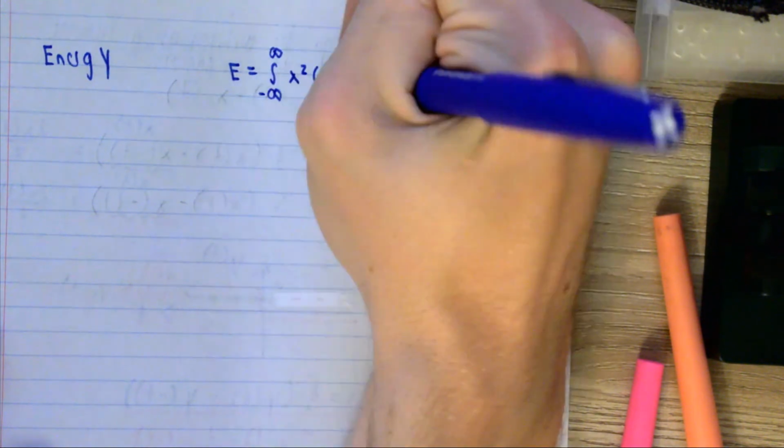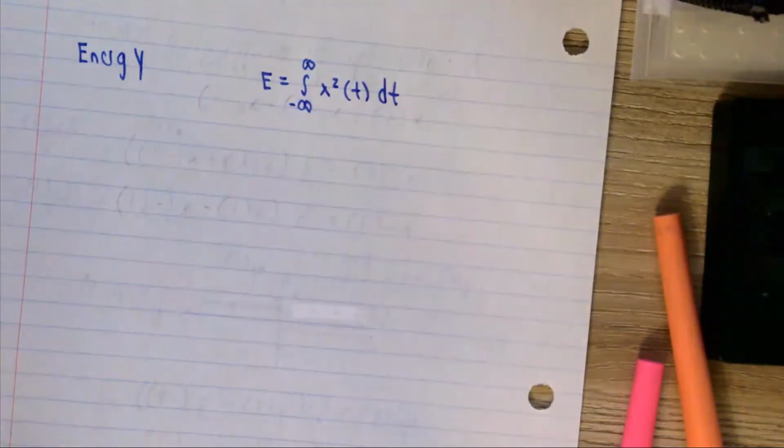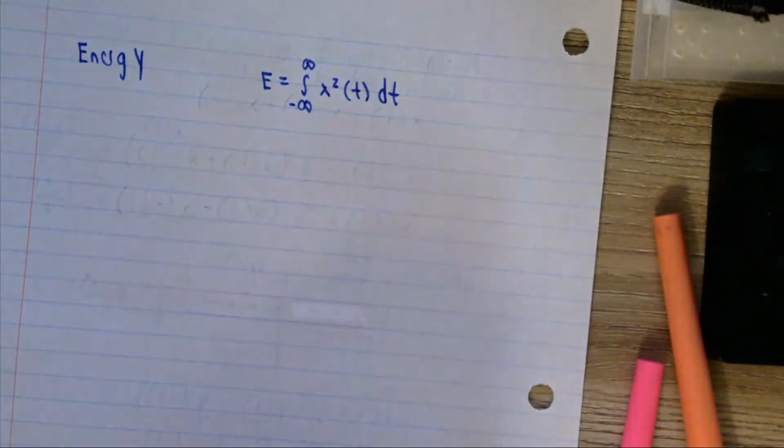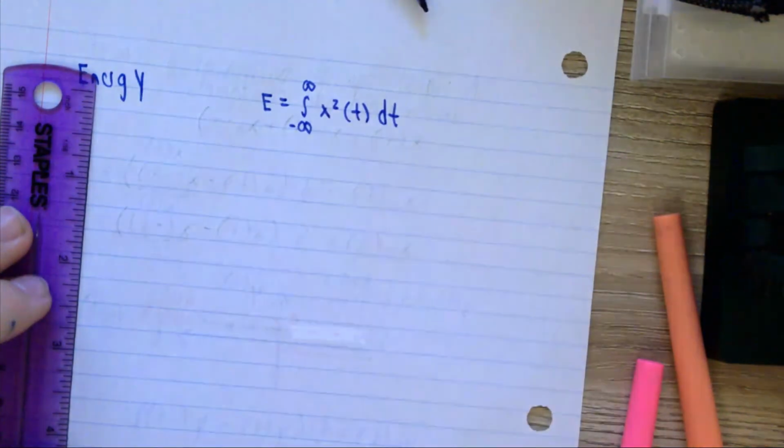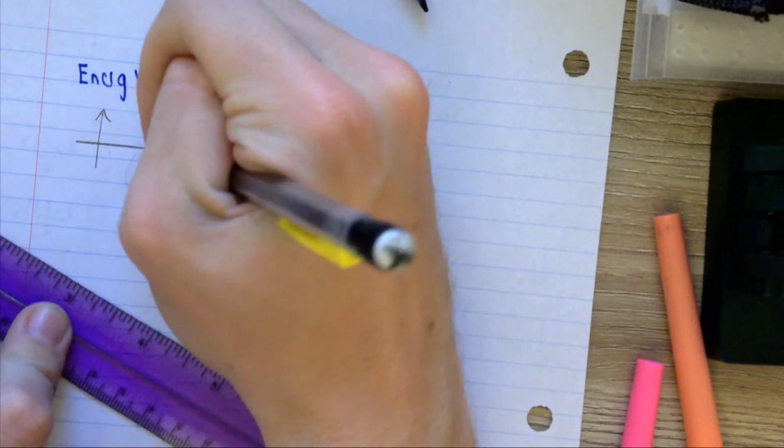So why is the equation written this way? That's probably the most important thing that you need to know. I'm going to show you with my pencil here a common sinusoid wave, right?